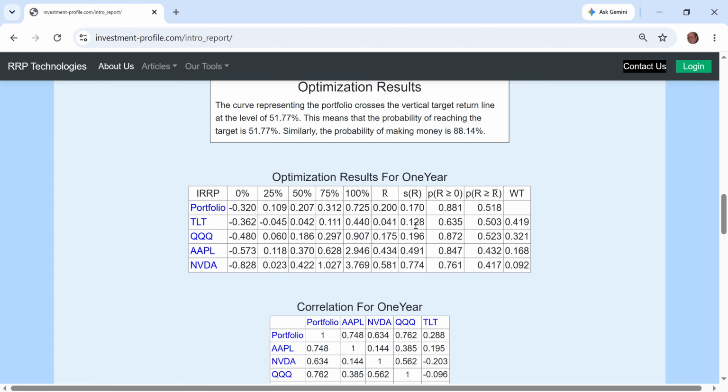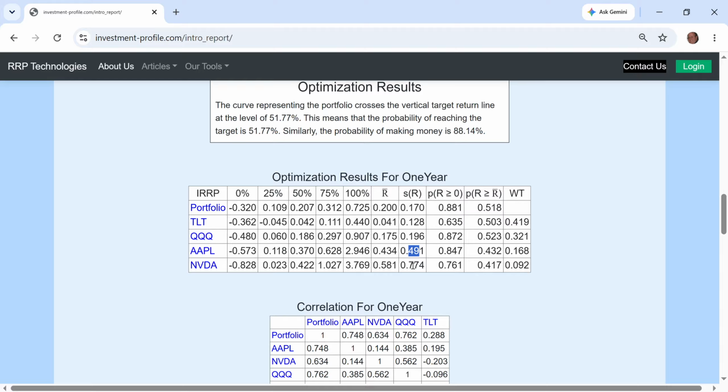They have a standard deviation of 0.12 and 0.19. So that gives us approximately a standard deviation of 0.17 for the portfolio.